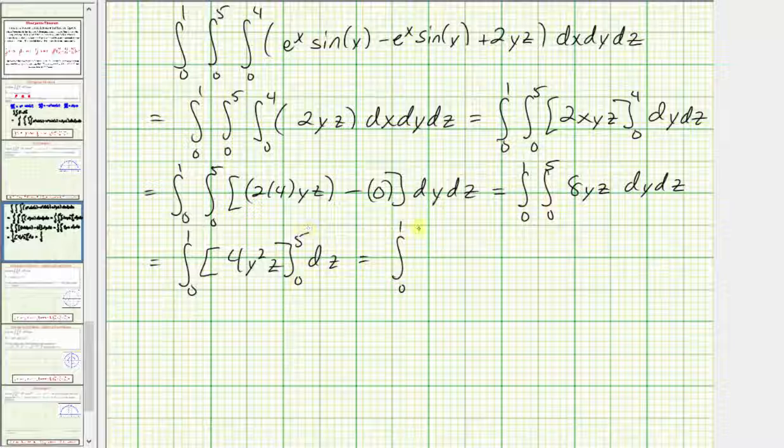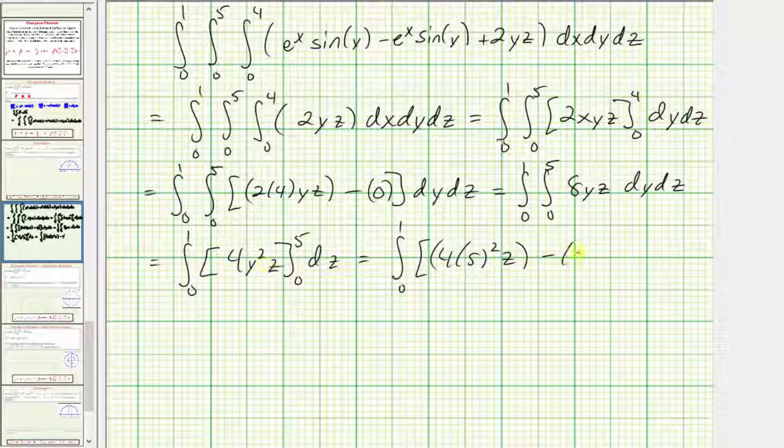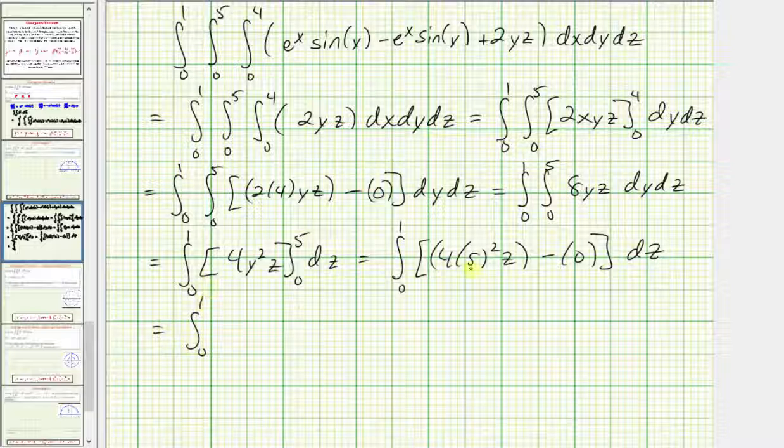And now substituting for y, when y is 5, we have 4 times 5 squared times z, minus when y is 0, we have 0. So we have the integral from 0 to 1 of, this is going to be 25 times 4, that's 100z.